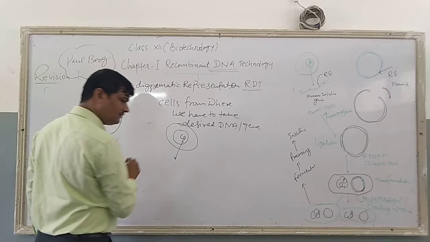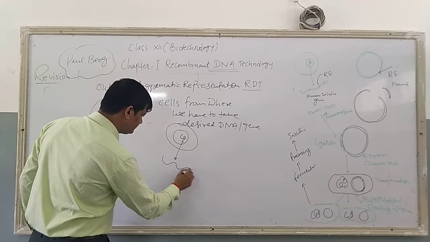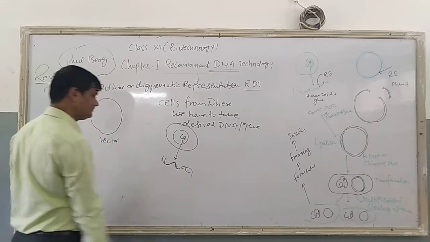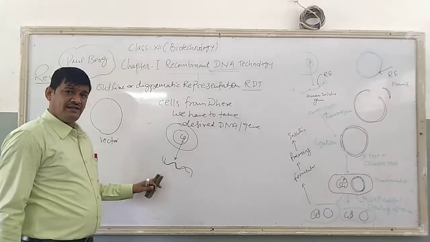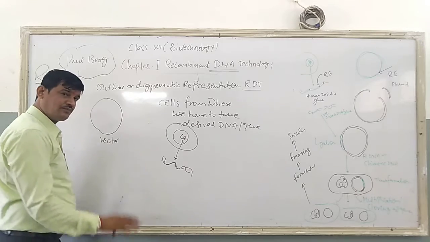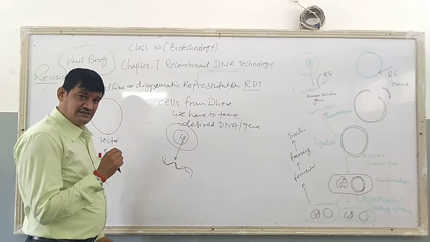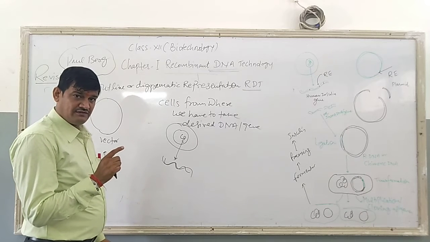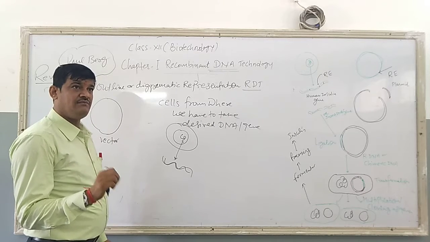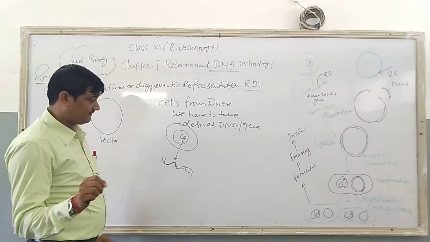It is taken out. Now the length of the DNA is very large. So here we are using the biological scissors that is called restriction endonuclease. It is a kind of enzyme which cuts the DNA at specific places.